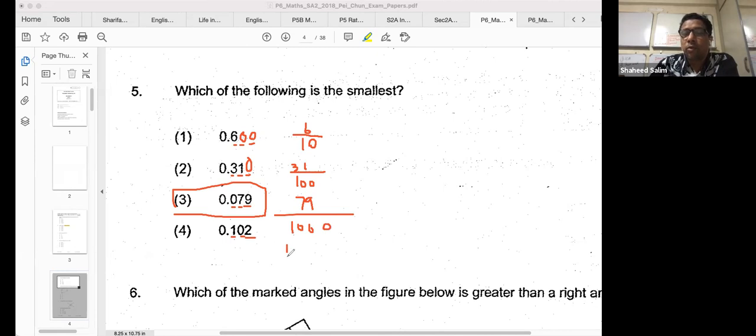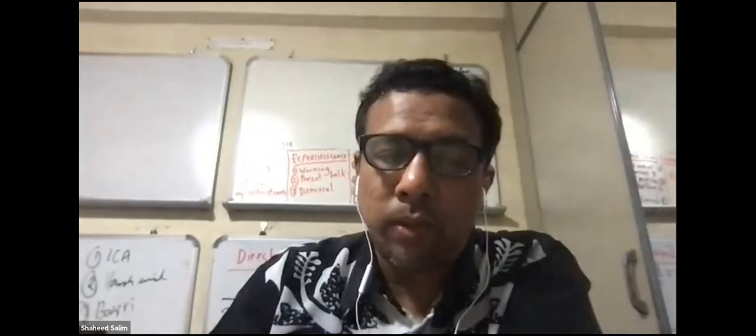This one 102/1000. So you want to compare, you must, like fraction, make this 1000 also, you times 10. When you times 10, you add a 0 here, 310. This one must times what? Times 100. When times 100, it becomes 600. Now you can see 600/1000, 310, 79. So now 79 is the smallest. Okay, we move on to the next one.